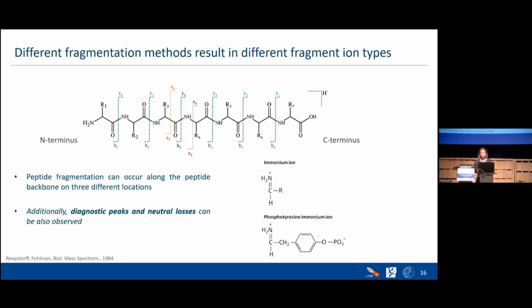Here we have the immonium ion, which is an internal fragment, between X and Y. It has a very special characteristic for phosphorylation. With phosphotyrosine, this immonium ion appears, and it's very special for phosphotyrosine. We see this diagnostic peak, and we also use it in our database search engine later on.